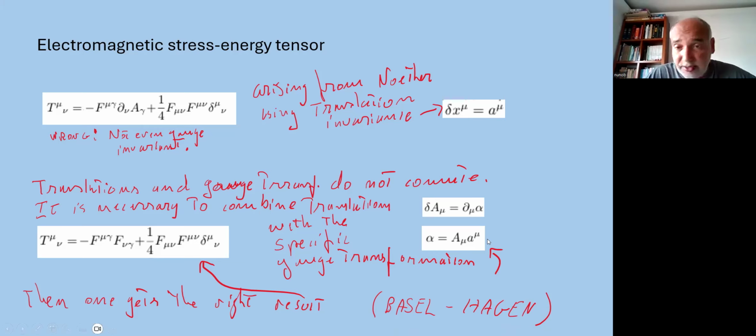If you perform these two transformations together, such that the gauge parameter is given by precisely this value, then you get the right result for the energy momentum tensor. So this was just one thing I was pointing out about the subtleties of Noether's theorem.